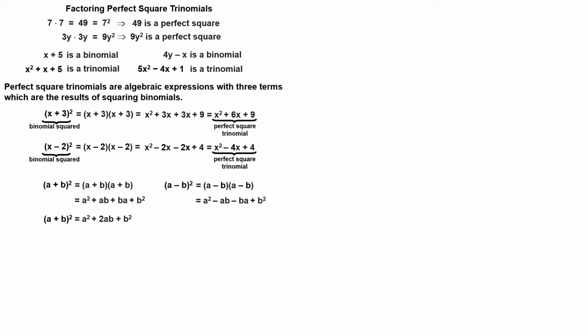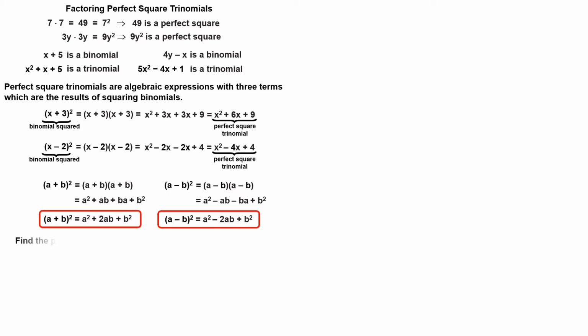The middle term is twice the multiplication of the terms used to create the binomial expression. You should know this formula by heart. You should be able to take the binomials and find the perfect square trinomial.